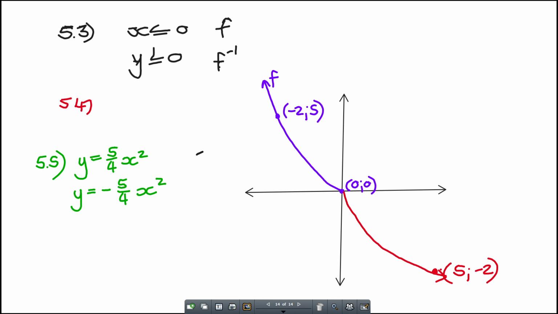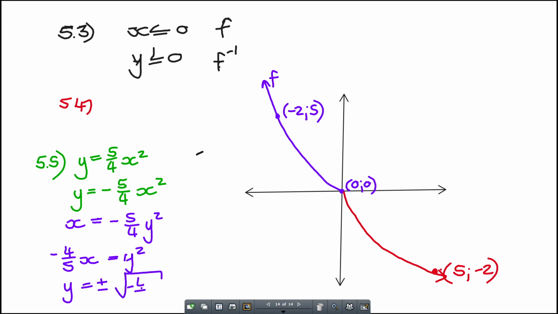Nee, so dan as ek inverse gaan kry, dan gaan ek hê x is gelyk aan minus 5 op 4 y kwadraat. But now we want it in the form of y is equal to, so dan gaan ek hê minus 4 over 5x is equal to y squared. Met ander woorde, y is plus minus vierkantswortel van minus 4 op 5x.